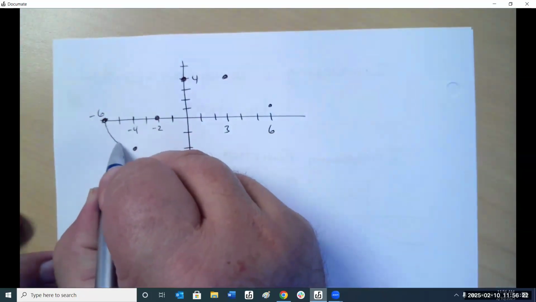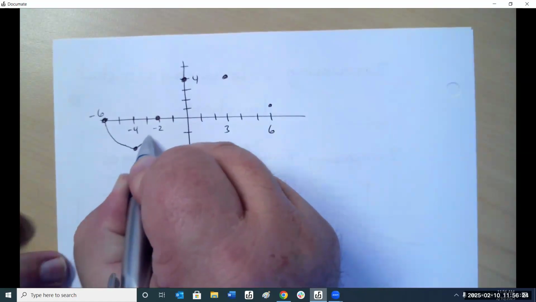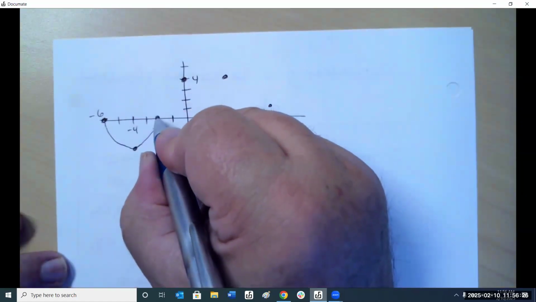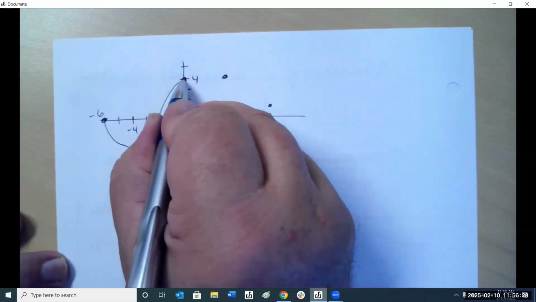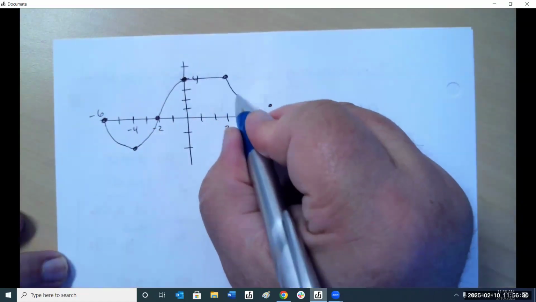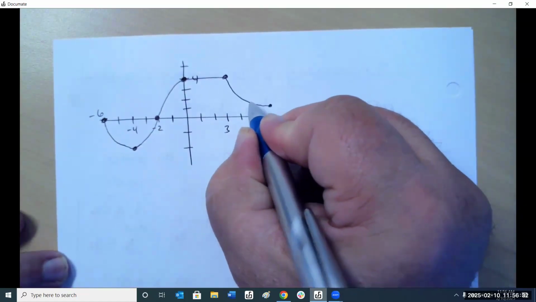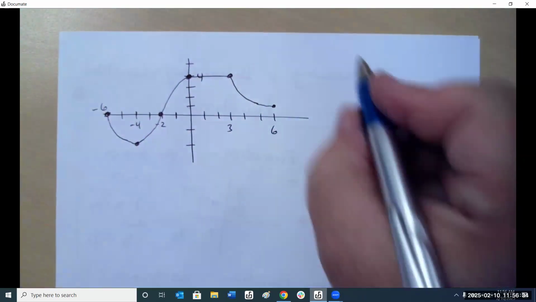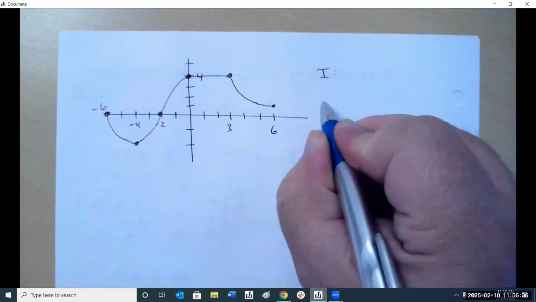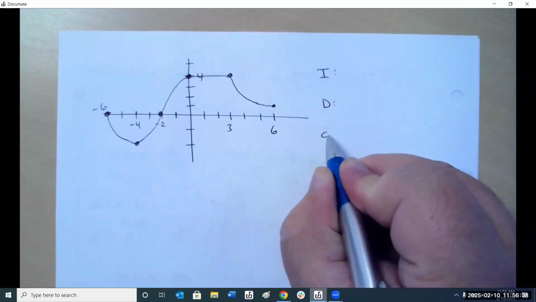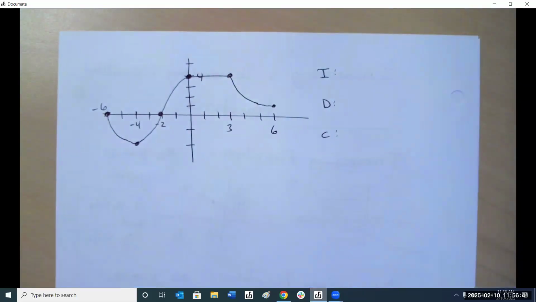So if our graph looked like this, tell me where it's increasing, decreasing, or constant.